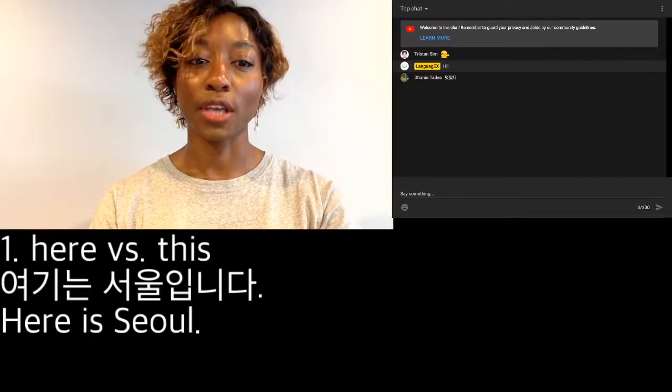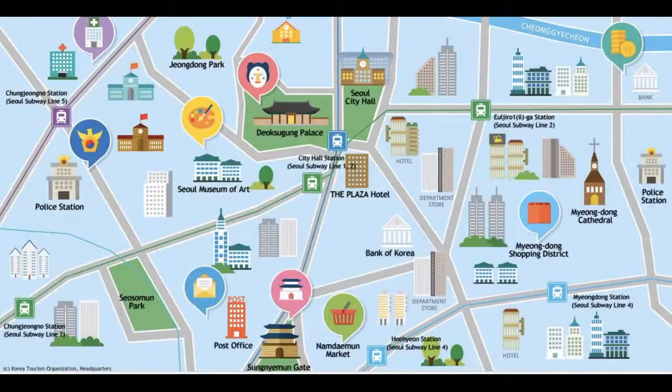So if you're looking at a map of Seoul, you're pointing to the map and you say, "Here is Seoul City Hall." You see there's Seoul City Hall right here. You guys can't see, but it looks like this. So there's a picture on the screen here on YouTube.